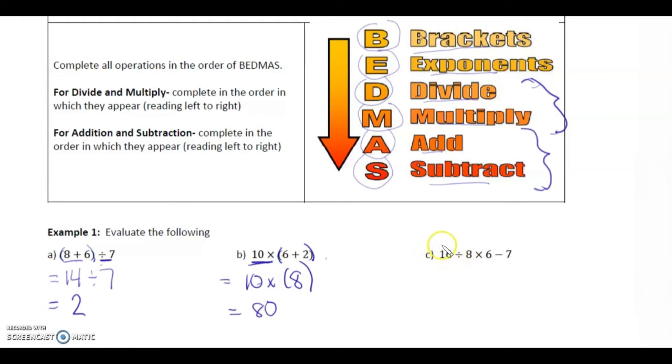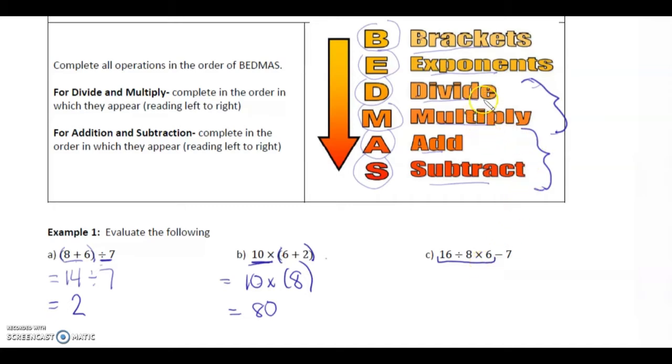Okay, C. 16 divided by 8 times 6 minus 7. So this time we have division, multiplication, and subtraction. Okay? So we're going to do division and multiplication first. So we're going to simplify 16 divided by 8 times 6.